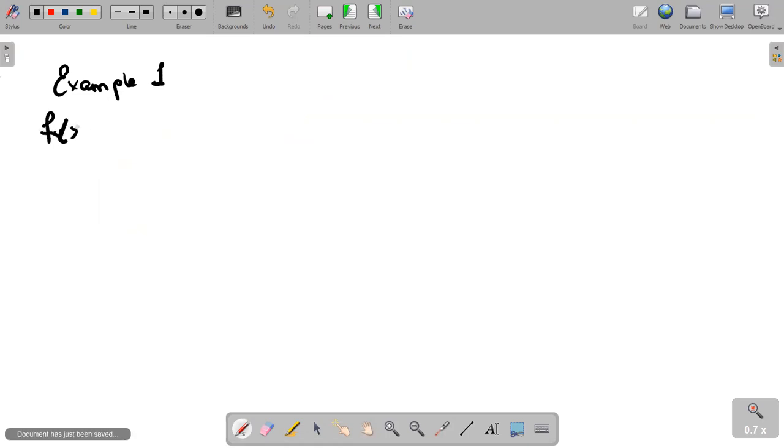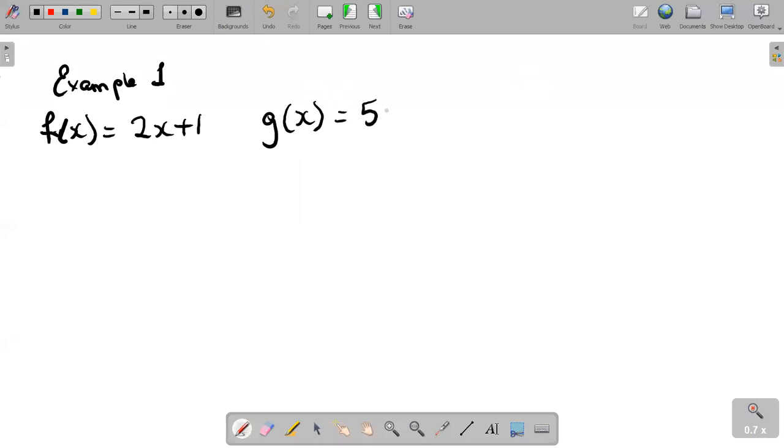F of x is equal to 2x plus 1. G of x is equal to 5x. Yeah, let's keep it simple. Now they're going to ask, first of all, find f of g of x.